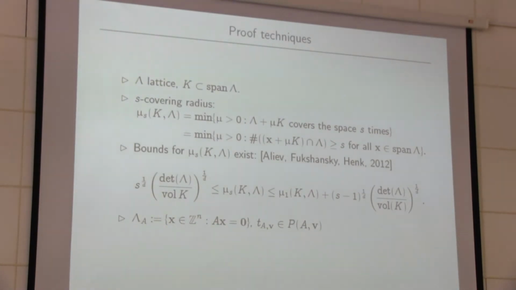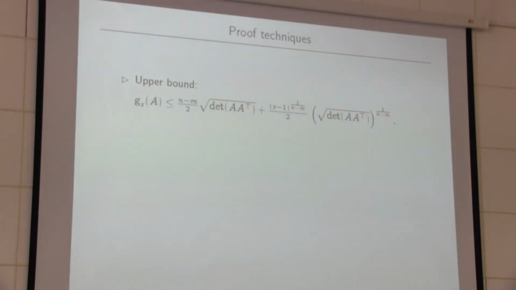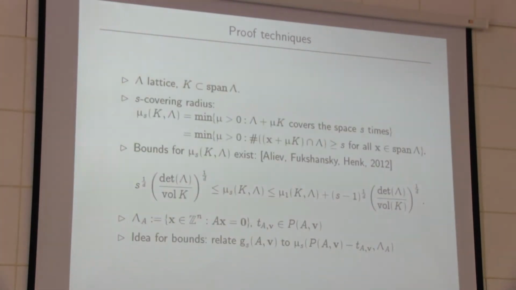You just define a special lattice associated with matrix A. So pick any point from the knapsack polytope, and then one can show that the generalized Frobenius number can be related to the covering radius of the knapsack polytope translated by the vector t of A and b with respect to the lattice lambda A.